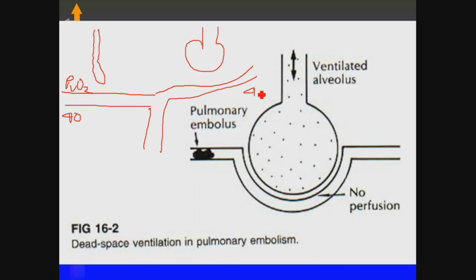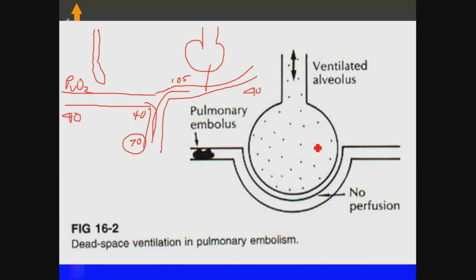This has a PVO2 of 40, but there's gas exchange that goes on here, so that this ends up being about 105 by the time it's all said and done. It's passed on through, but this is still at 40. So I'm mixing these together, which is going to make this something lower, depending upon how much shunted blood you have.